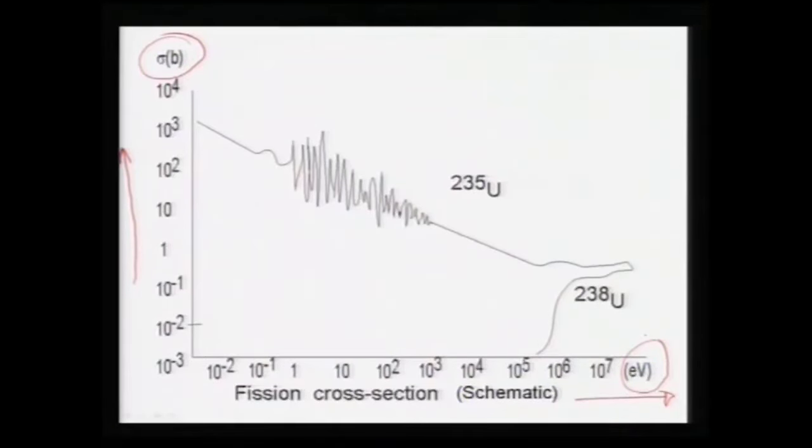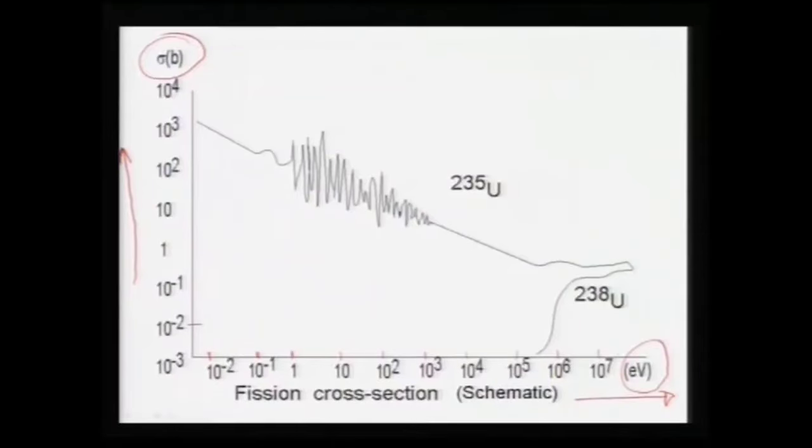So, you have 10 to the power minus 2 here, 10 to the minus 1 here, then 10 to the power 0 here, then 10 to the power 1, that is 10, this is 100, this is all in electron volts. So, this is 1 kilo electron volt, then 10 kilo electron volt, 100 kilo electron volt, this is 1 mega electron volt, and this is 10 mega electron volt, and so on.